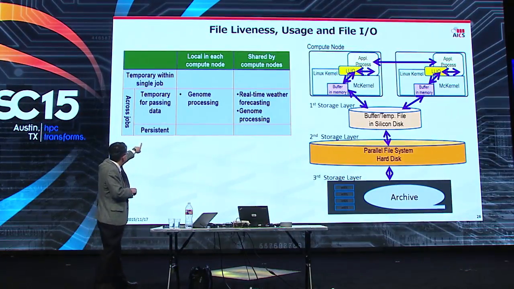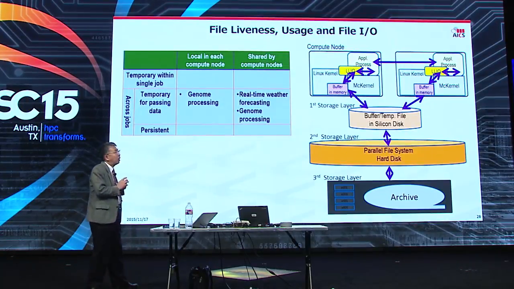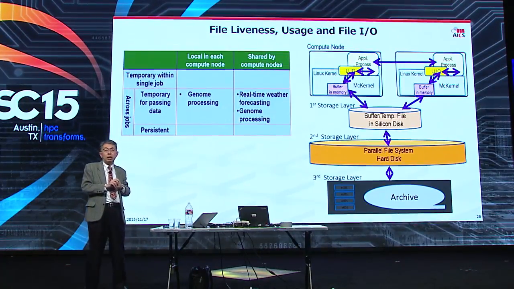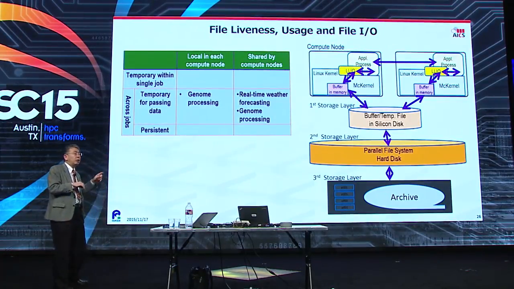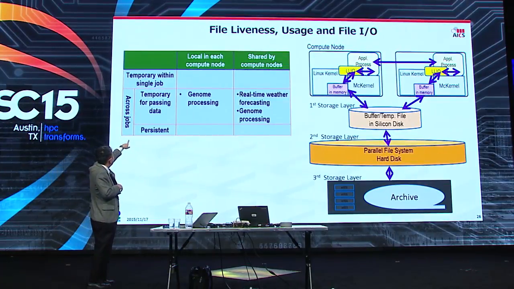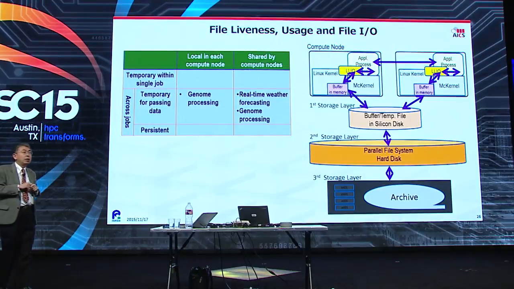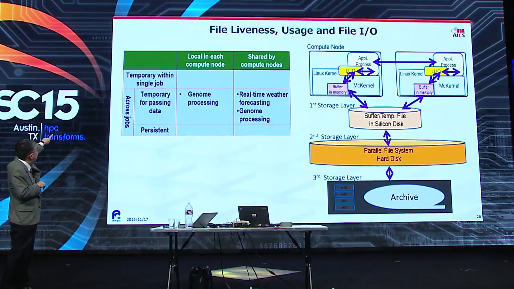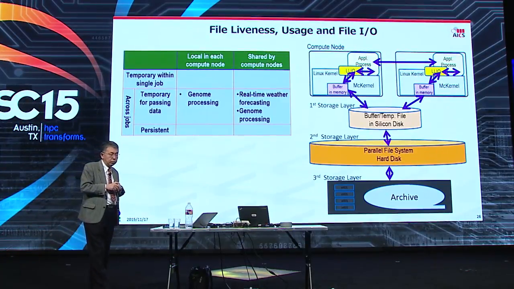This table shows that in terms of file liveness, we can specify it using two metrics: whether the file is local to each compute node or shared by compute nodes, and whether the file lives within a single job or across jobs.